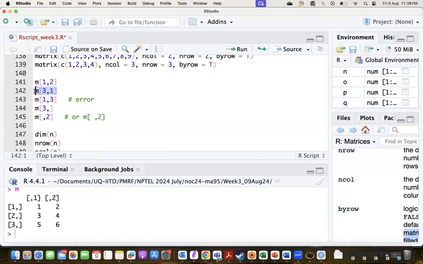Again, what about this one? What should be the answer? 5. Right. What should be the answer here? I already have the answer written next to it, but anyway. What's happening here?